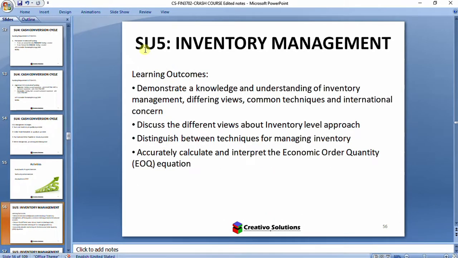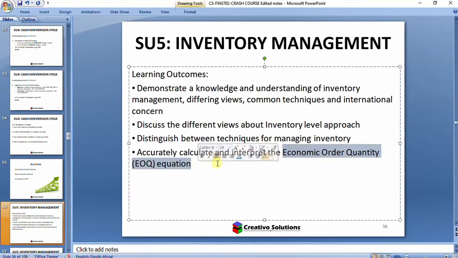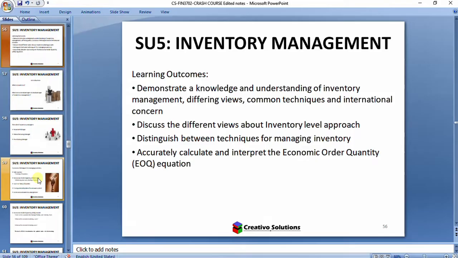We've got a nice one here. It's a short one. There's just one equation we need to look at, or actually two, if we also look at reorder point. I don't think reorder point was given in this one. EOQ is the only one. I think you've even looked at EOQ last time when you did FIN3701, if I'm not mistaken. Does EOQ mean anything to you, or is this the first time you're seeing it? I think it's the first time I'm seeing it.